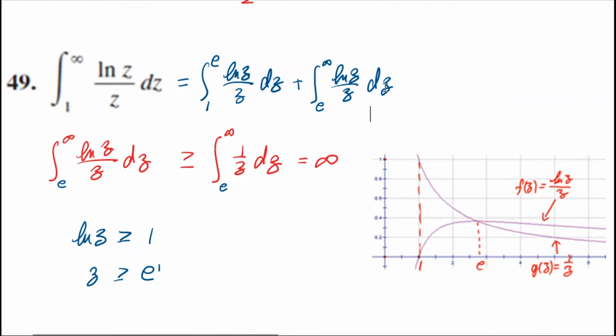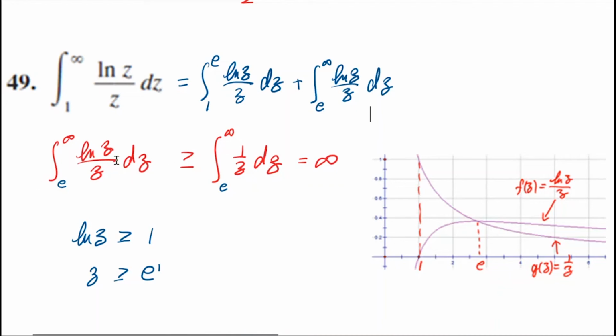So that's a finite number. Only convergence or divergence depends on this tail end. Is that infinity or is that a finite number? I'm trying to show that it is of course infinity, and if that's infinity, then the whole thing becomes infinity.